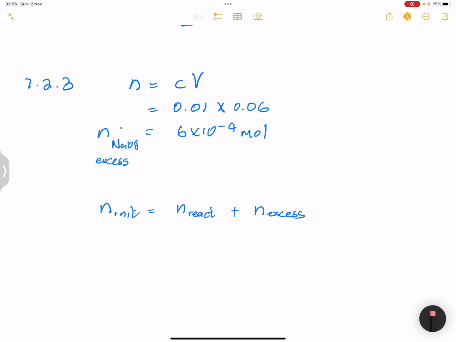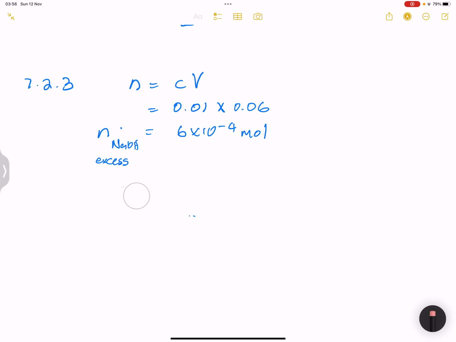Now, I want you guys to please note, is it possible for us to find out the number of moles of sodium hydroxide that reacted? Now remember, since we've got the acid that reacted, we're working towards that in terms of sodium hydroxide.